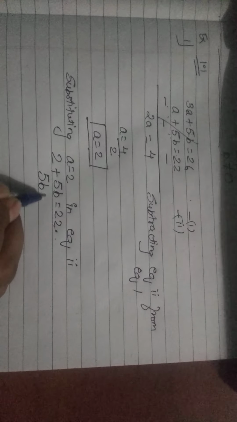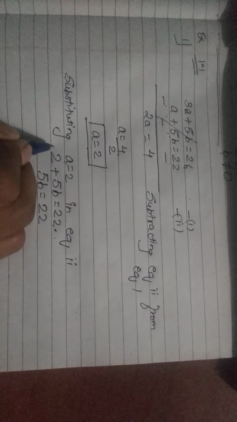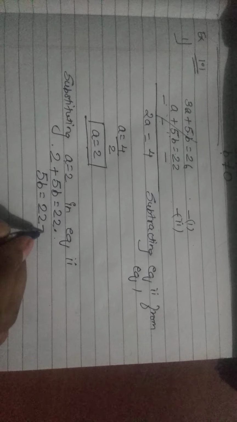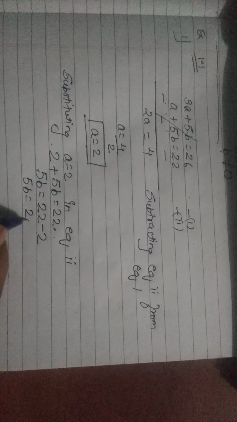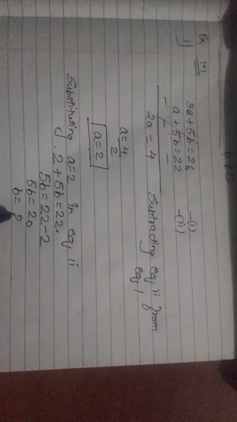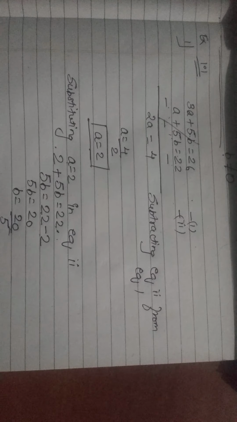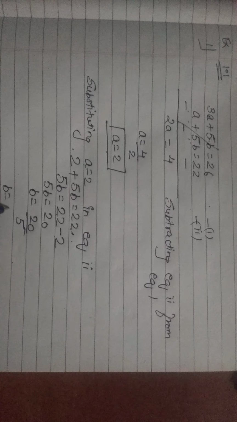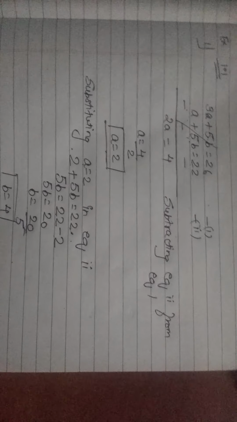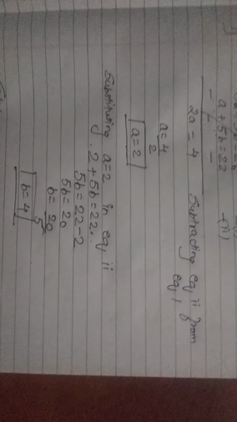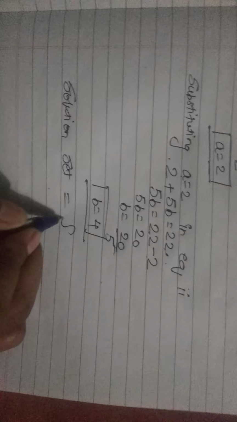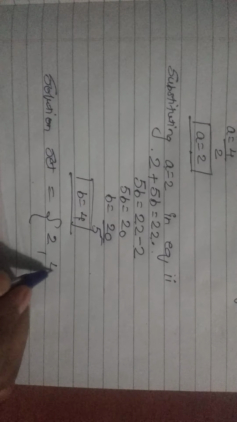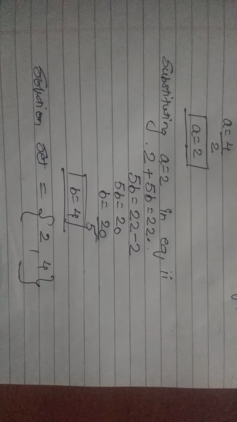So 5b equals 22 minus 2, since on the right hand side it will become minus. So 5b equals 20, b equals 20 upon 5. So b equals 4, since 5 4s are 20. So the solution set equals curly bracket 2 comma 4. Simple.